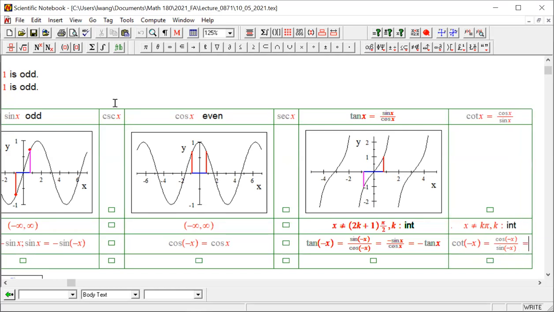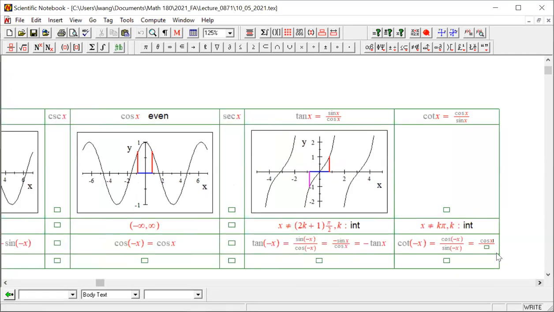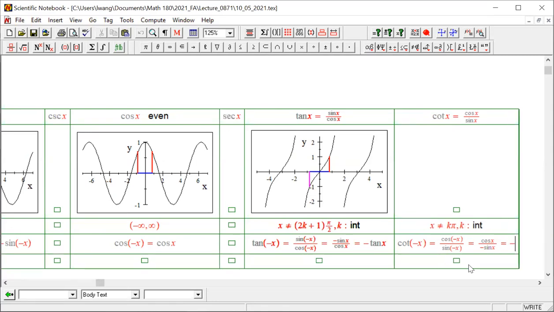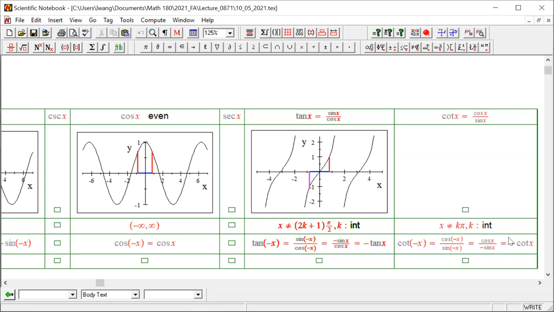Then we use the even odd property: cosine of negative x is the same as cosine x, and sine of negative x is negative sine x. So you get negative cotangent of x. So cotangent is odd.